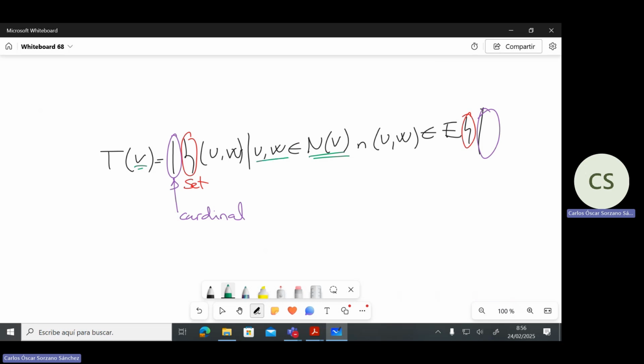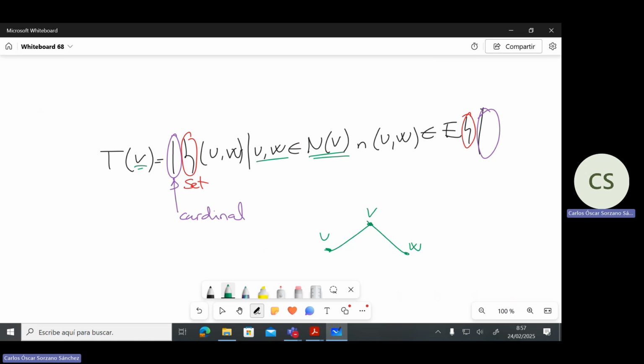Okay, so let's draw that. So we have V, and then we have U and W. They have to be neighbors of V, so there must be some connection here, because otherwise they wouldn't be neighbors of V. So we are looking for U and W that must be nodes.